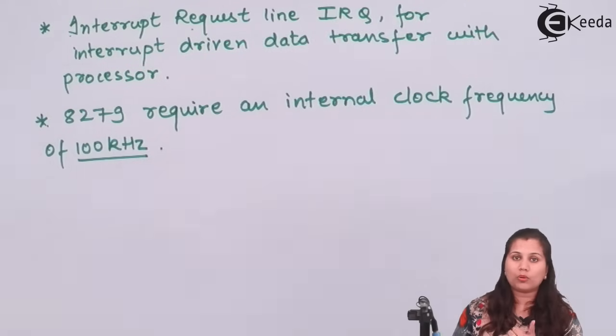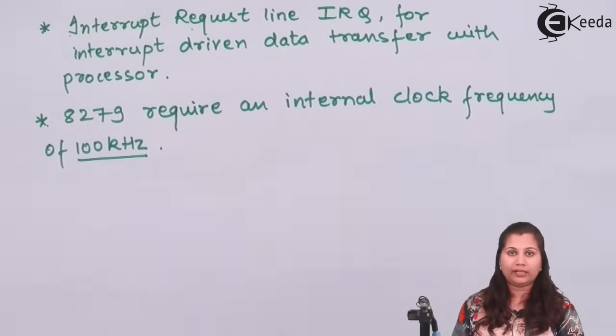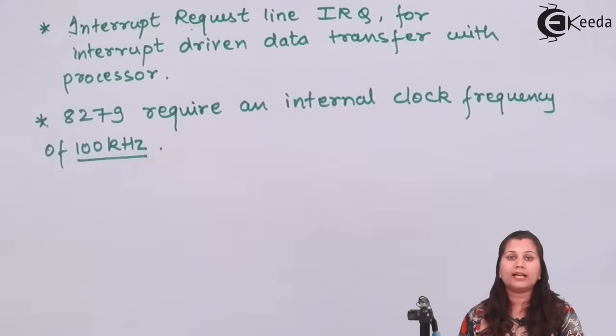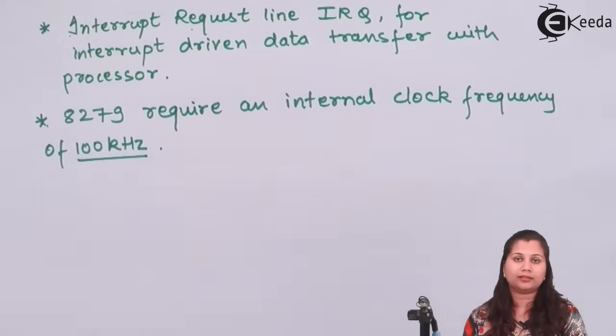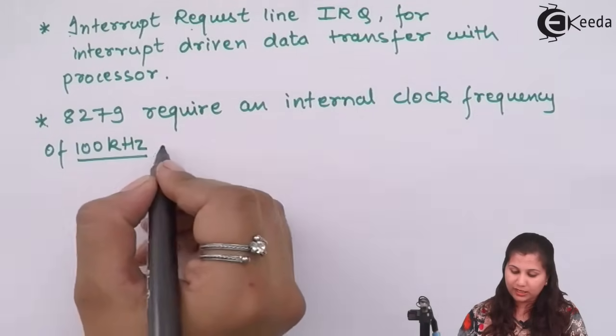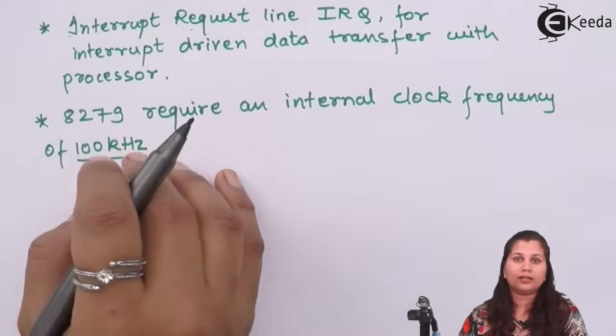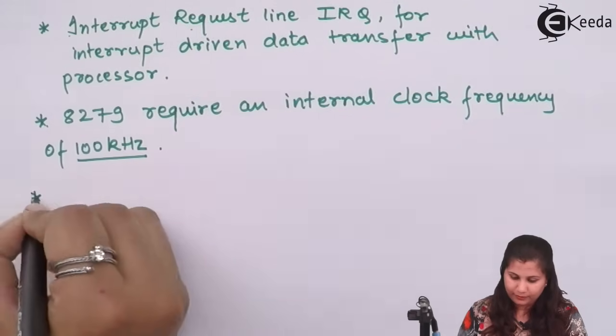We have studied in the modes of 8279 that we have a programmable clock frequency mode, in which a 5-bit count is provided, and the input frequency provided by the crystal is divided by that 5-bit constant, known as the prescaler, and that division provides us the internal clock frequency.